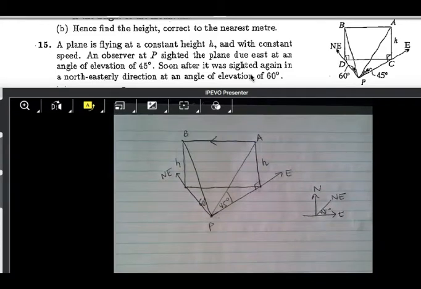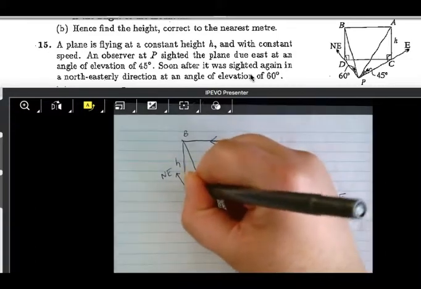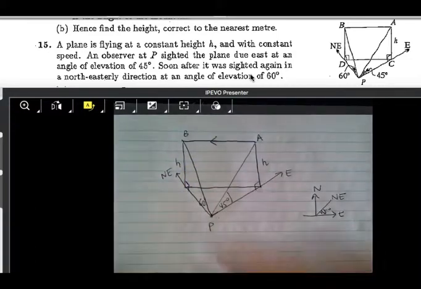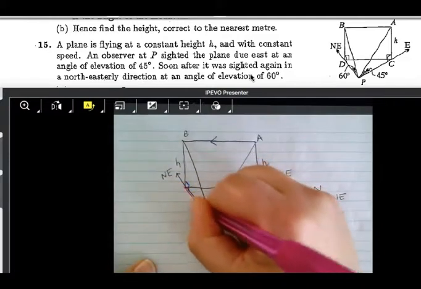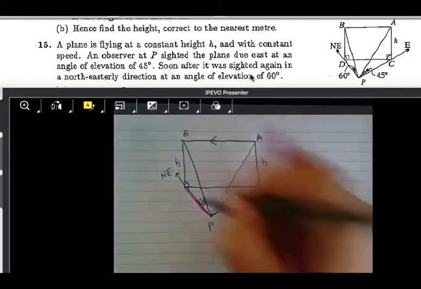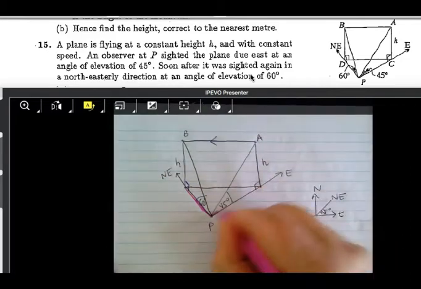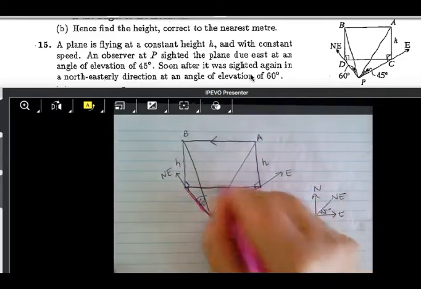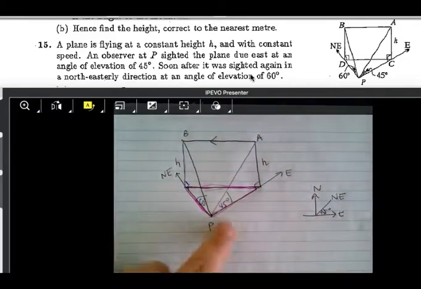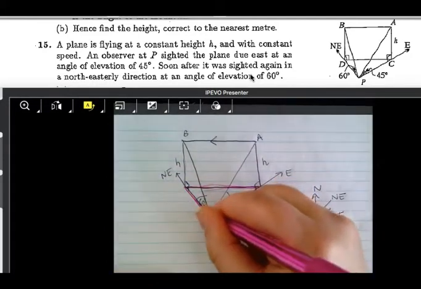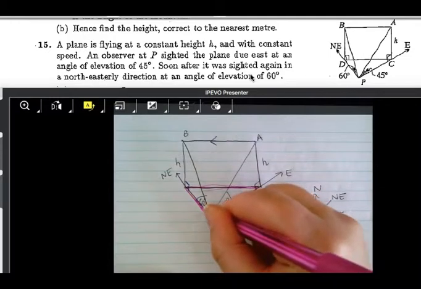Now, for the ground level diagram, I'm going to use different colors. So the angle of elevation triangles are in black. All right? You got right angles there. My base triangle is in pink. My ground level triangle is in pink. Now, I know it doesn't look like east and northeast, but if that is east and that is northeast, how big is this angle in between?